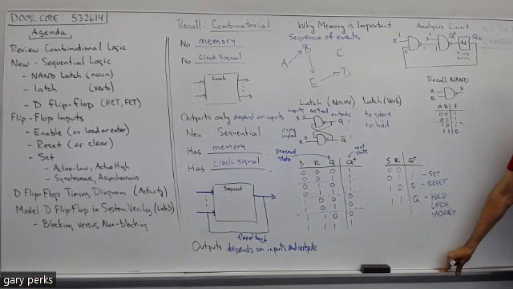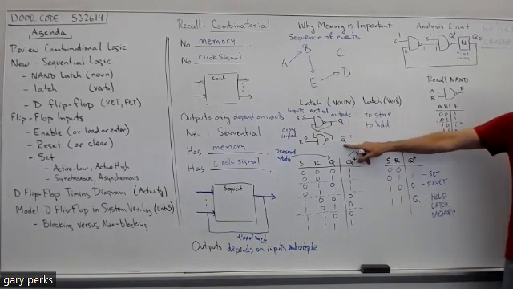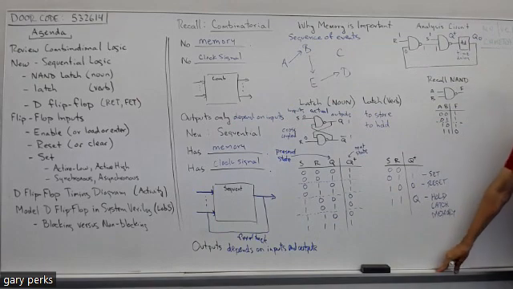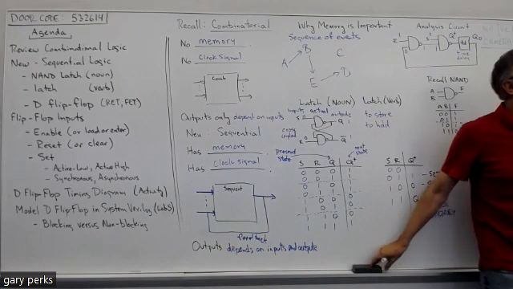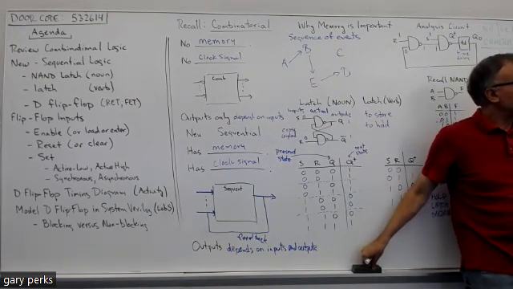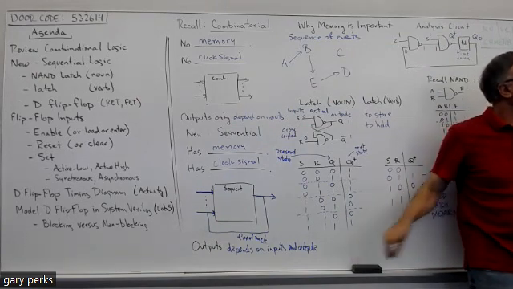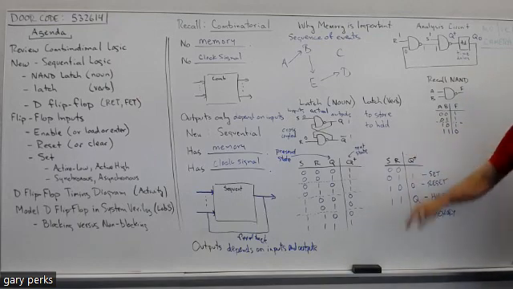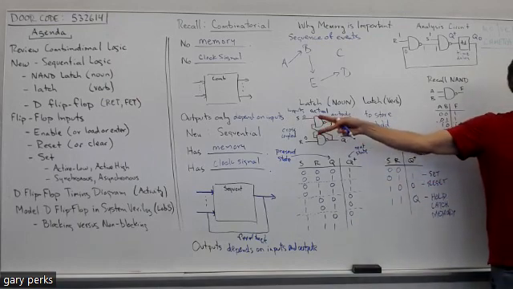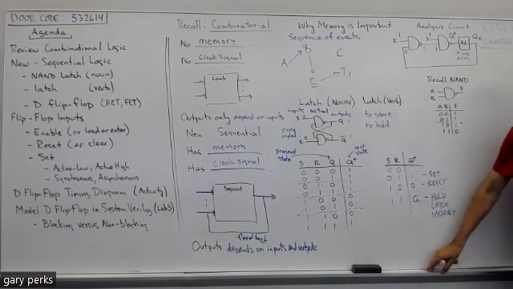See a problem with that? This is the Q output, this is the not Q output. They're both 1. This doesn't make sense based on our Boolean algebra definitions, because in Boolean algebra, we use the bar to mean not that variable, the opposite of it. And when both inputs are 0, this circuit gives us both outputs equal to 1, which goes against the Boolean definition of those outputs.